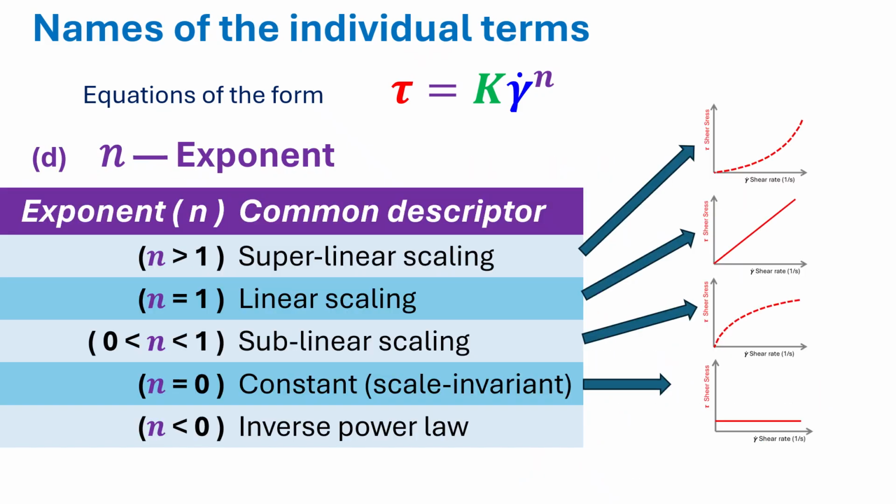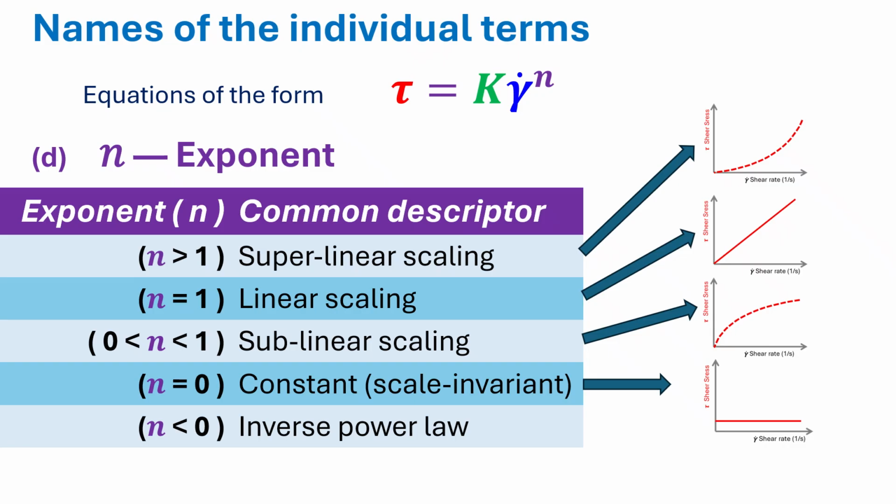It's quite useful just to look at the different values that you could get for the exponent, or the flow index, and you'll see this has a quite profound influence on the shape of the curve. When n is greater than 1, we get a curve that is almost like the bottom of a U shape.